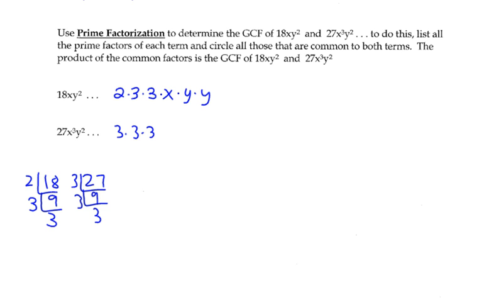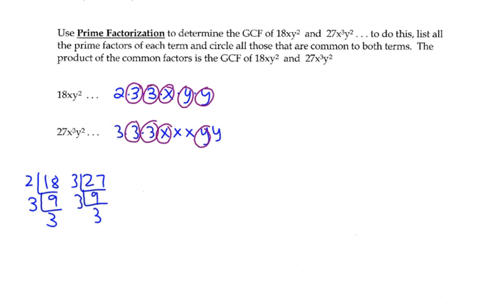And then how many x's do we have? 3 x's and 2 y's. We're looking for the greatest common factor. When we prime factorize, we're looking for what's in common. So what do they have in common? 2, how many 3's in common? 2 3's and 1 x and 2 y's.